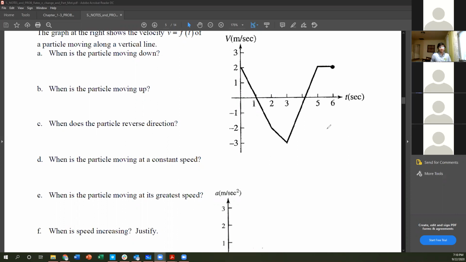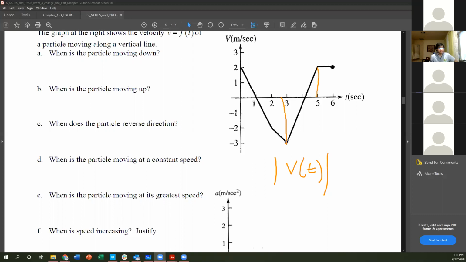Yes. So in terms of speed, that must mean that it has to be the farthest distance away from 0. In other words, the absolute value of the velocity must be the greatest, and the only time that happens is when the y value is furthest away from 0. And when does that happen?